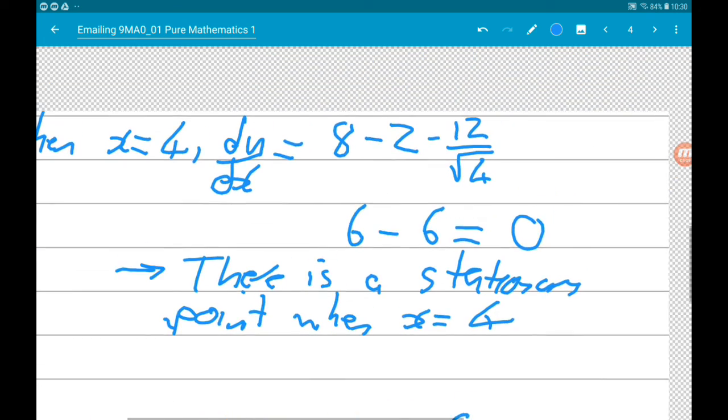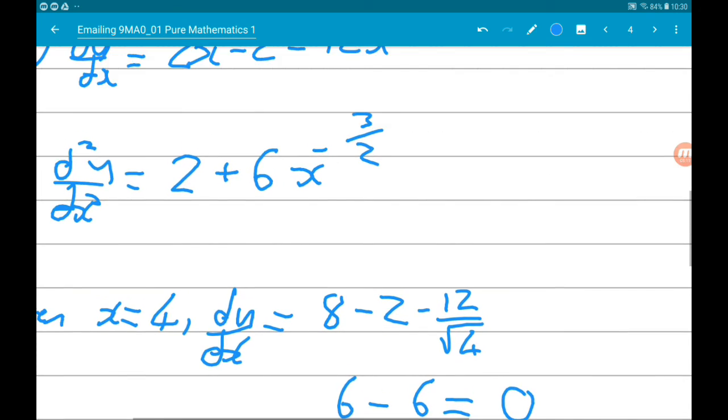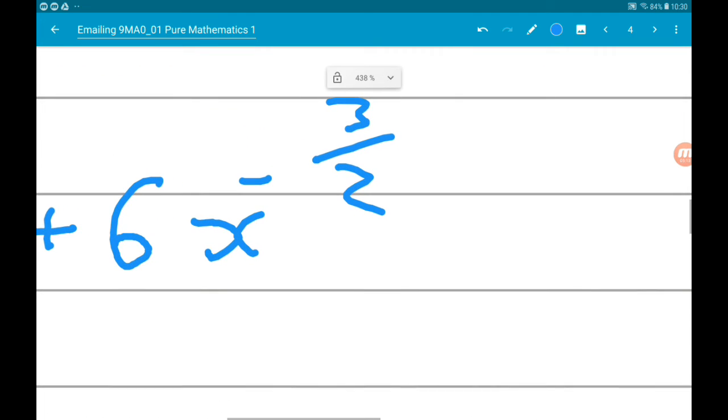Again, the square root of 4 cubed comes from this power of minus 3 halves, so that means 1 over x cubed square rooted.